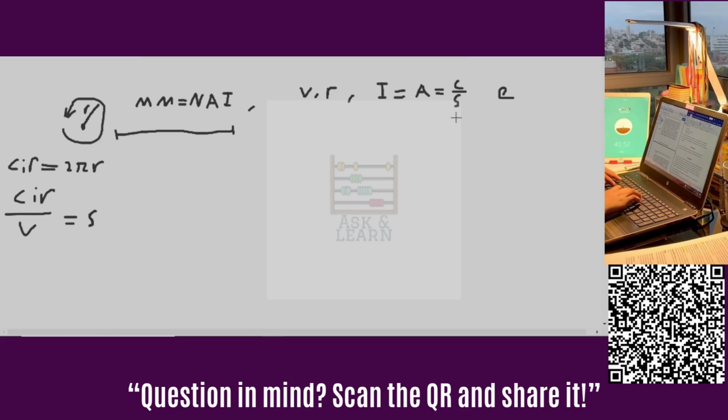But for charge, we want it per second. So we want to know how many times in a second this particle travels all the way around. So we can take this number and divide 1 by it. Actually, to eliminate some confusion, this number is our period. We'll call it P, the time it takes to travel one revolution, in seconds.